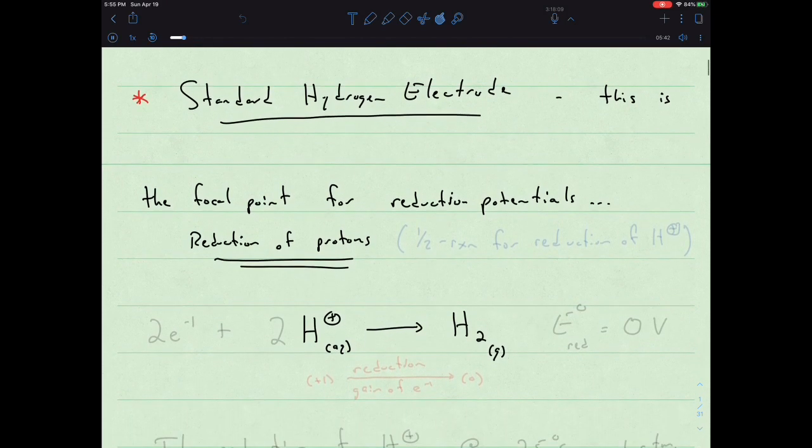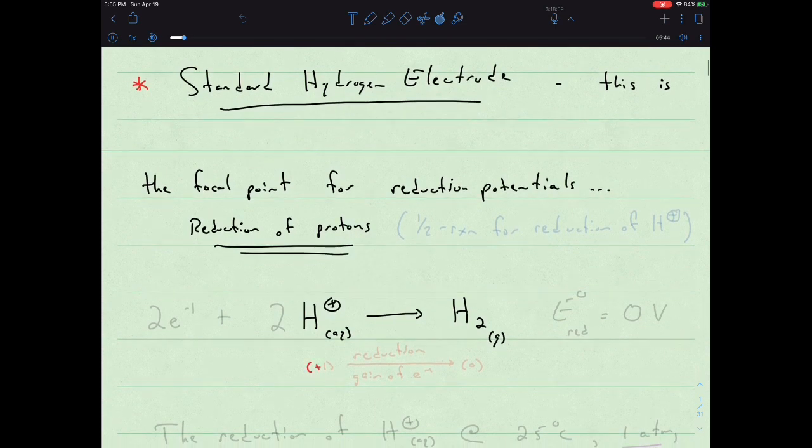If we think about oxidation numbers, we're going from a +1 state to a 0 state. So that's a reduction, or our gain of electrons. If we balance that out, we would want to put a 2 in front of the proton so our hydrogens are balanced, and then we would also want to put 2 electrons.